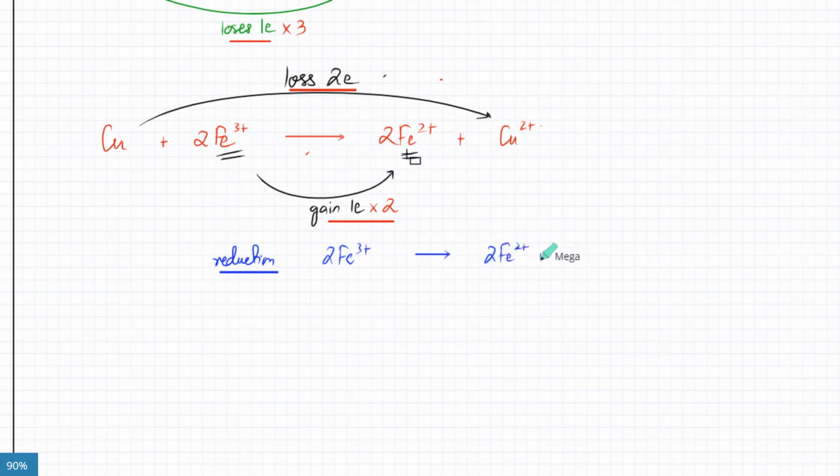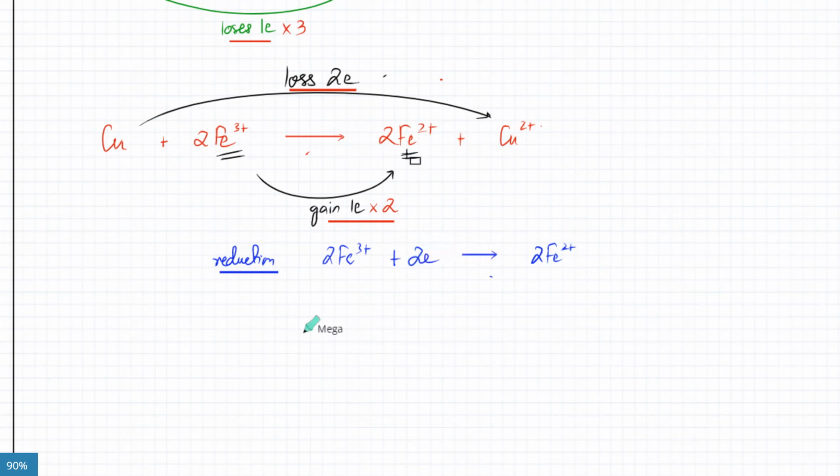And in the process, they're gaining electrons. Okay, this is a gain of 1 electron each, so I'll just move this further to the right, and that's a gain of 2 electrons.